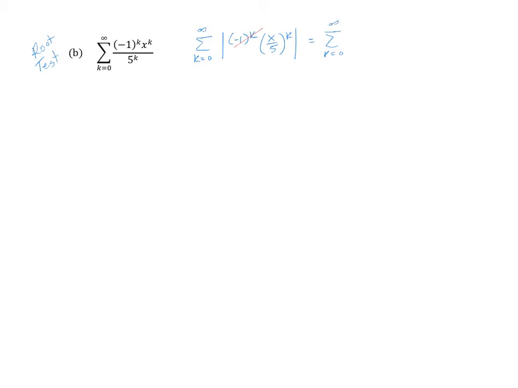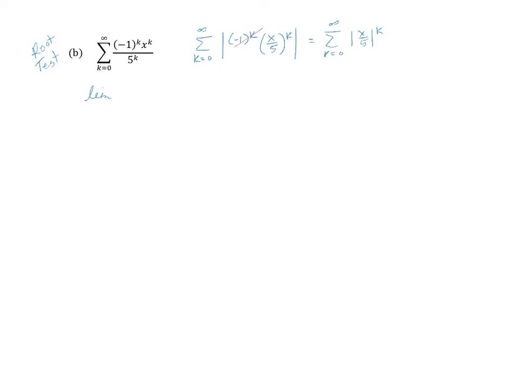Remember, the absolute value is still needed because I don't know what x is. Now when I take the absolute value of x over 5 to the k power, I can take the exponent k out from the absolute values. Whether it's inside or outside of the absolute values will not change that absolute value.